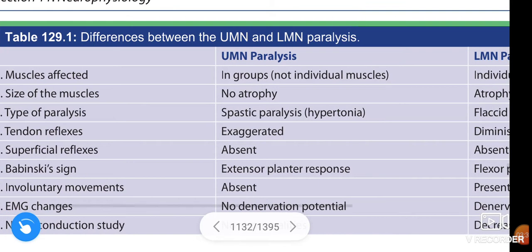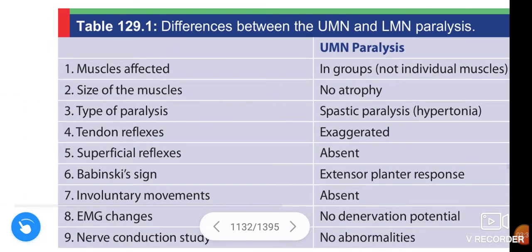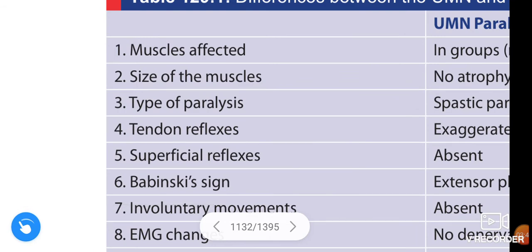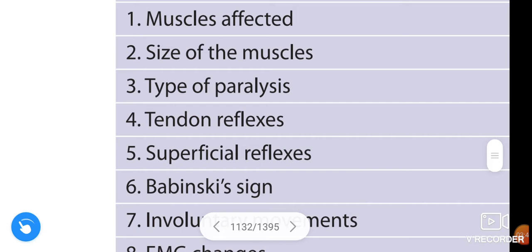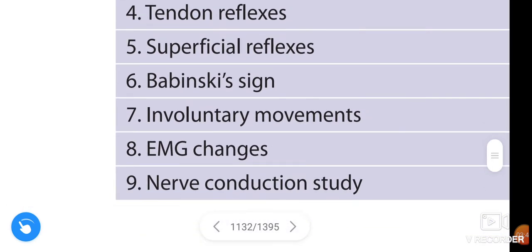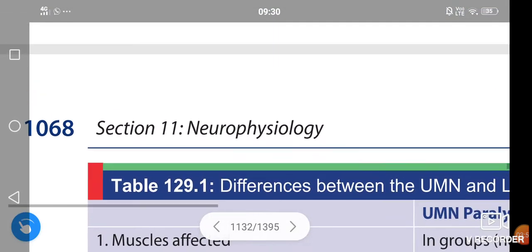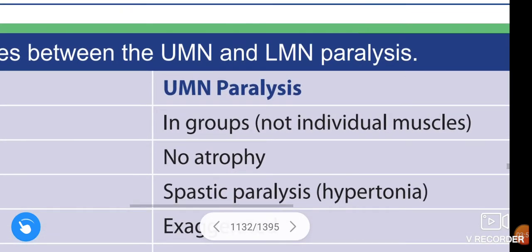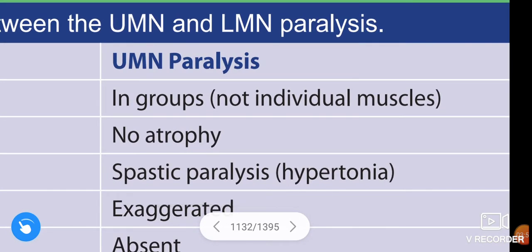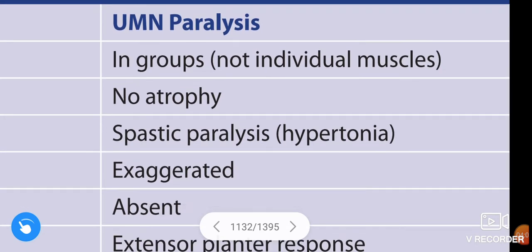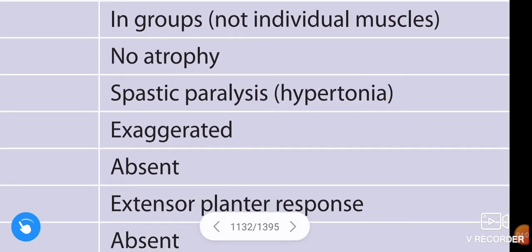What we learned about: muscles affected, size of the muscle, type of paralysis, tendon reflexes, superficial reflexes, Babinski sign, involuntary movements, EMG changes, and nerve conduction. When it comes to upper motor neuron paralysis, muscles are affected in groups, there is no atrophy, and the paralysis type is spastic paralysis, also called hypertonia.